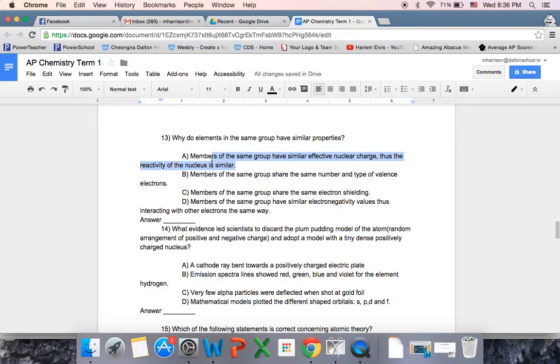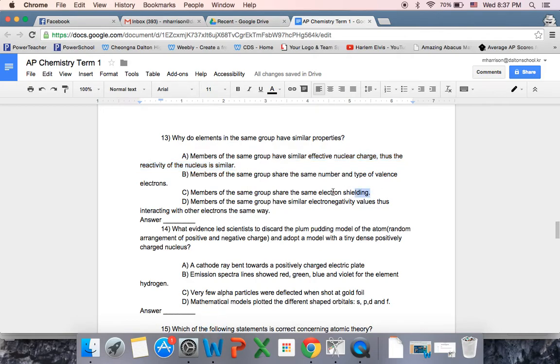Members of the same group have similar effective nuclear charge. This isn't true. As we go down the group, we're starting out with much larger effective nuclear charges on their interior orbitals because we're having much bigger masses of protons, which mean much more positive to start with.